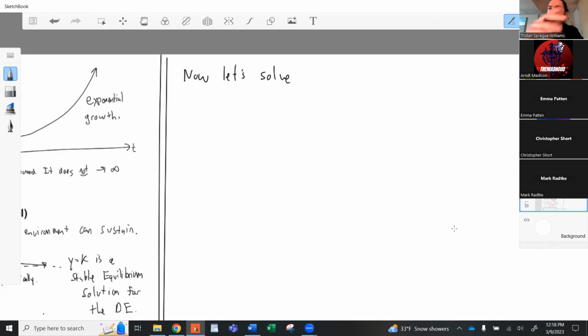Isn't this cool that you can set up a differential equation to have solutions that look the way you want them to before you even know what the formula is? Isn't that cool? Yeah. A lot of applied mathematics is about differential equations. And I'm just gonna go on a little tangent for a moment.